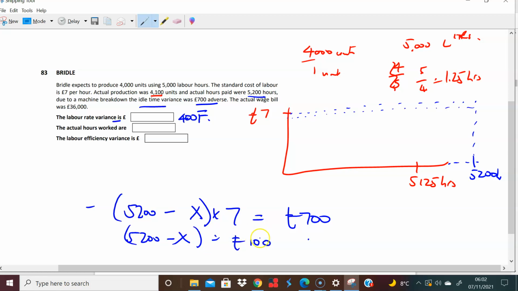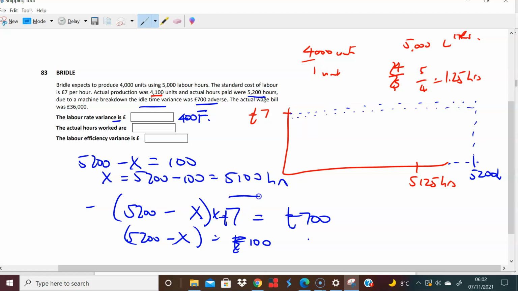Therefore 5,200 minus X is equal to 100, which means X must be 5,200 minus 100, so X is 5,100. So actual hours worked are 5,100 hours.